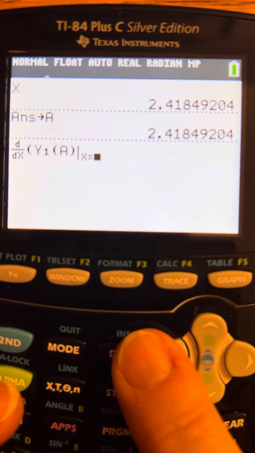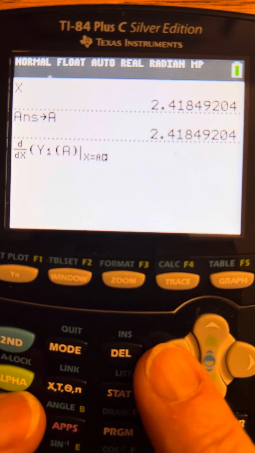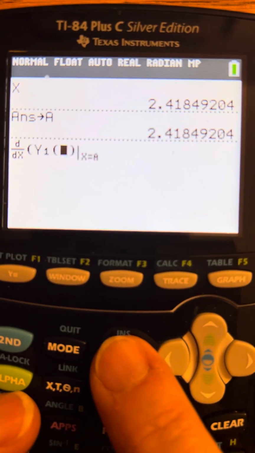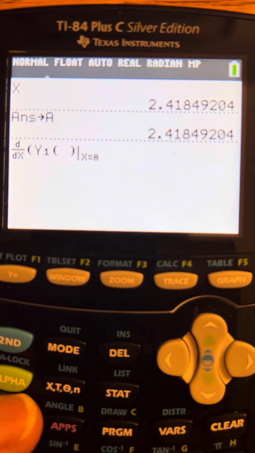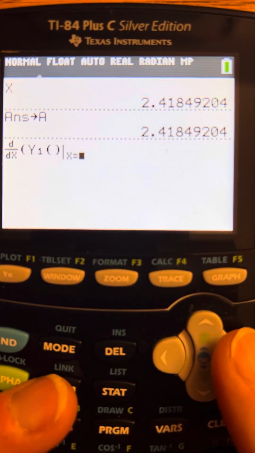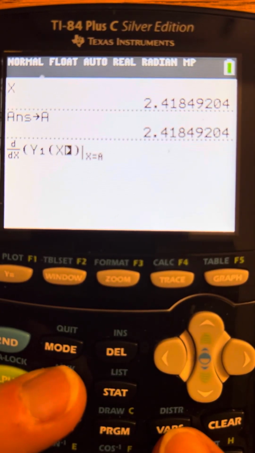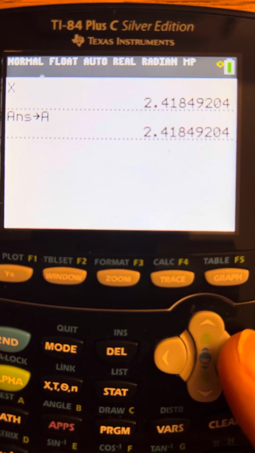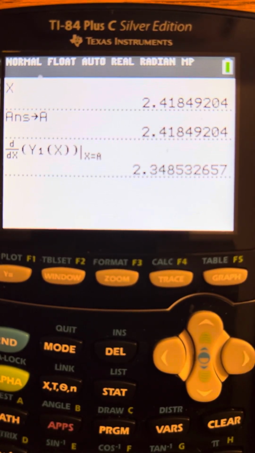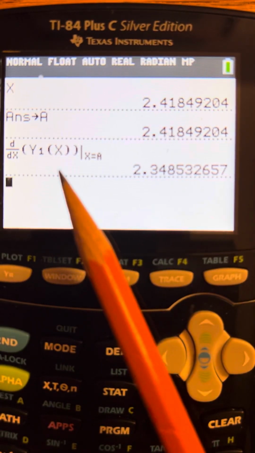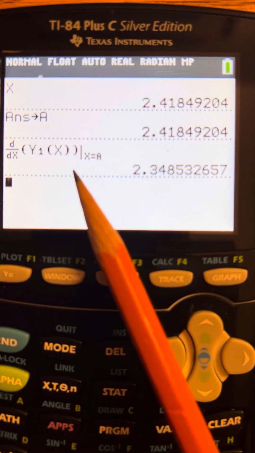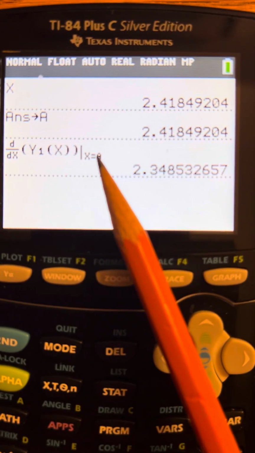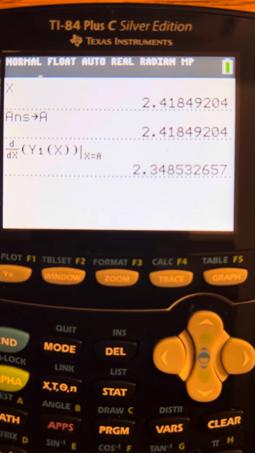Sorry, forgot about that. I'll put alpha A there, and delete that stuff. I want a variable in there. Maybe I could put x, but I'll put x. And I get the fact that y sub 1 has a derivative value at A of 2.348.